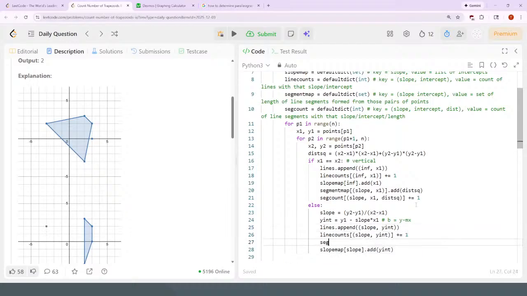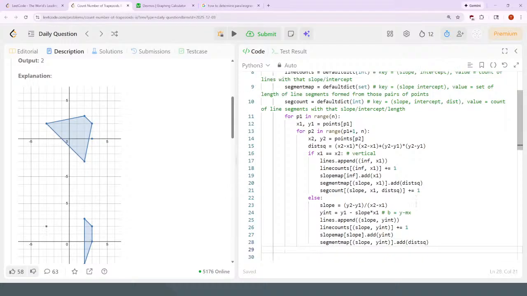Slope map, segment map. For the slope and this intercept, add this distance, and for this segment count, for the slope, intercept, distance, add this segment.